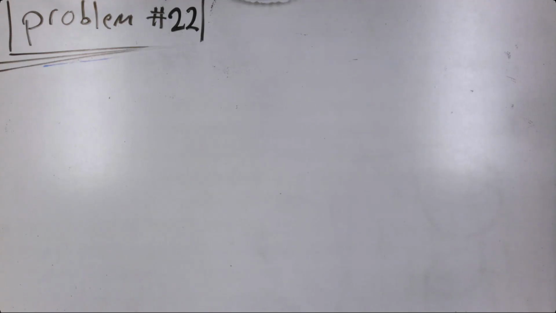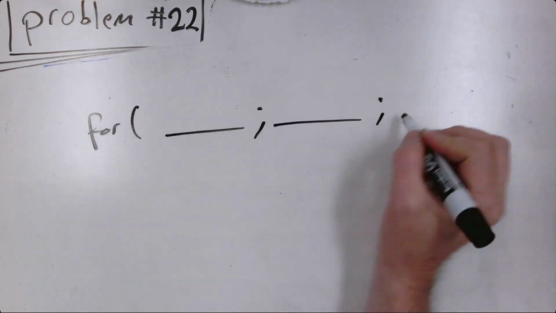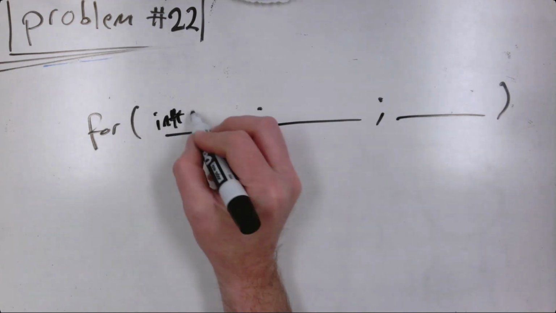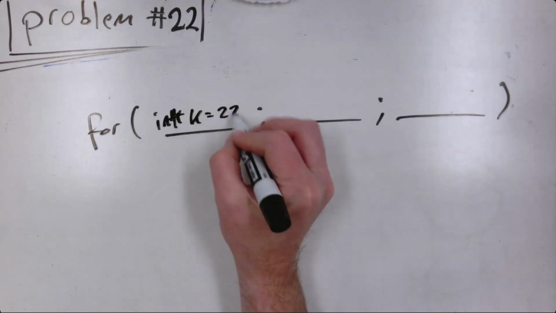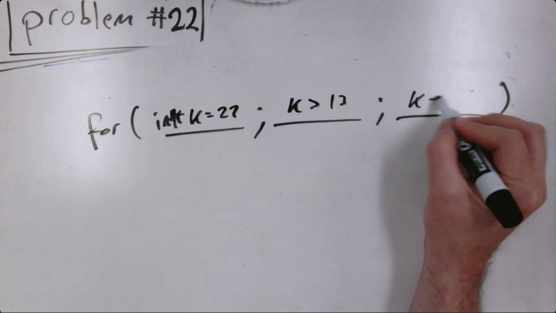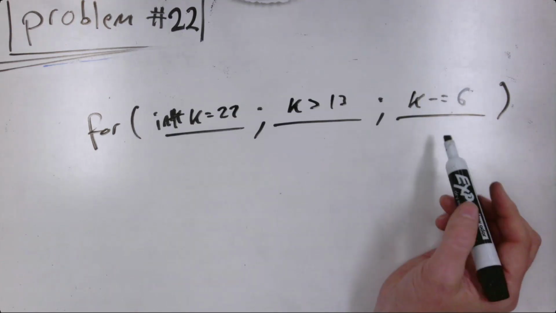Problem 22, I'm not going to do, but it was a for loop where I forget exactly what it looked like. It was like int k equals something, and k is larger than something smaller, and then we were subtracting something every time, so let's subtract 6 every time.